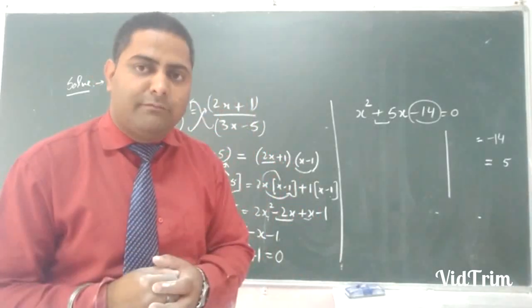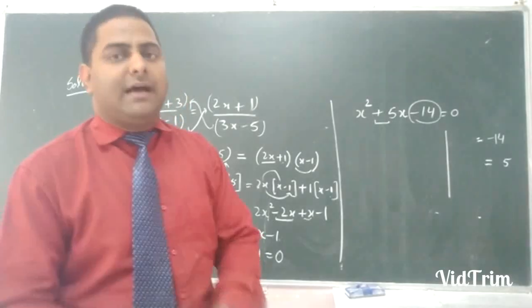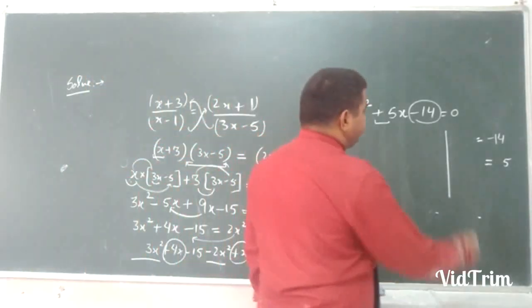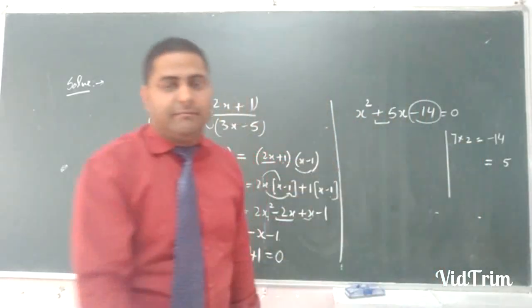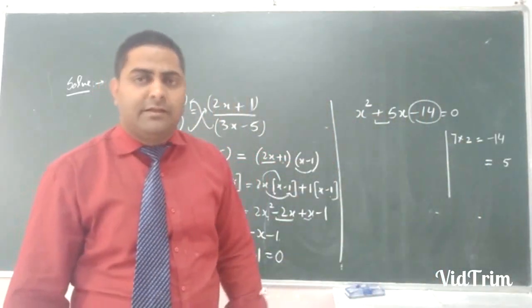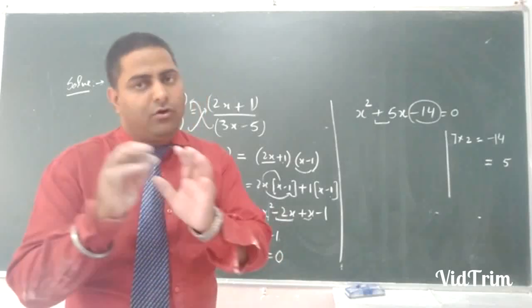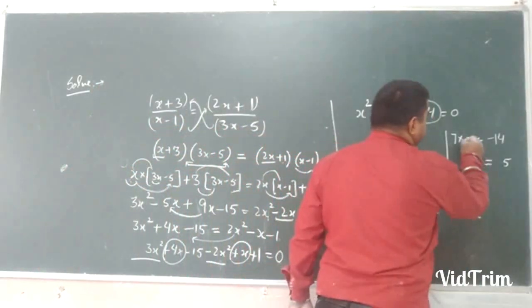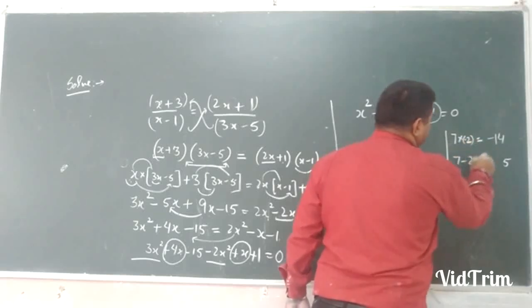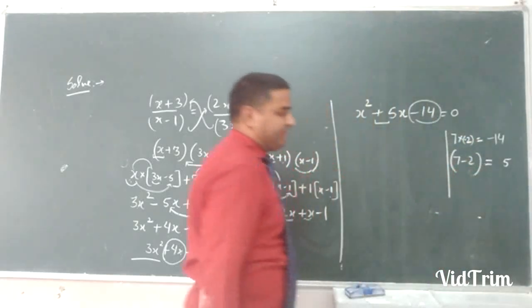7 2s are 14. So the numbers are 7 and 2. When we multiply, we get plus 14, but we want minus. So either 7 or 2 is negative, but sum is positive. It means the smaller number 2 must be negative.